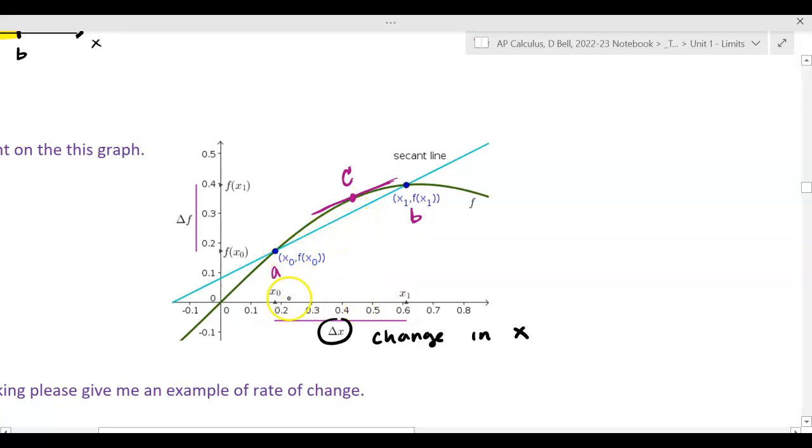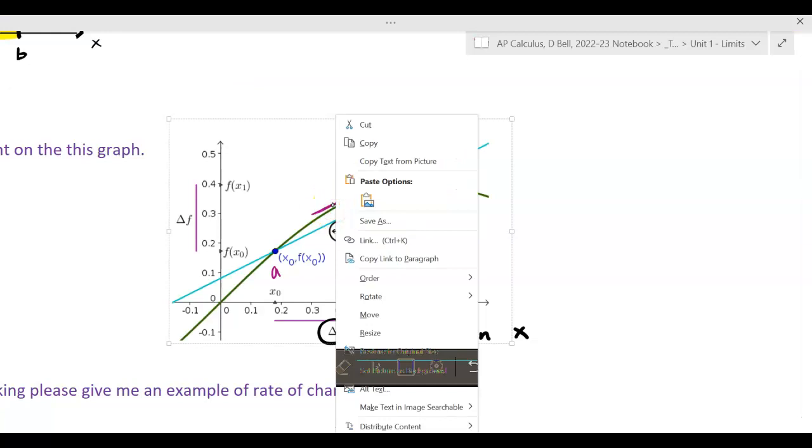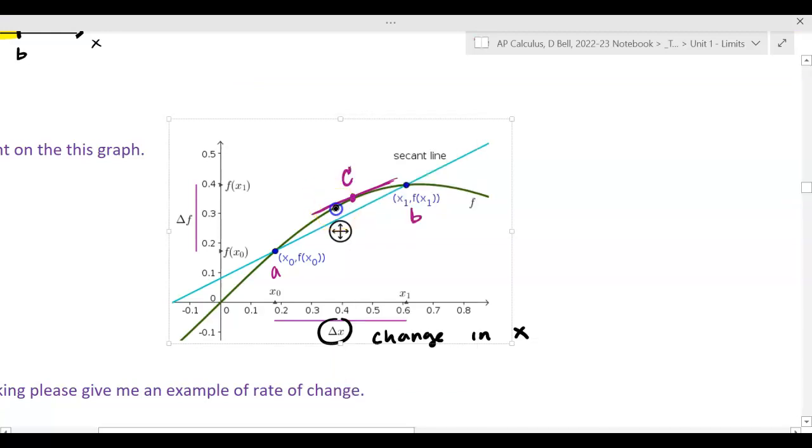So there must be a point C in between that has a very similar slope, or the slope would be parallel. Again, if we move A and B in closer to C, the better our estimate is going to be.